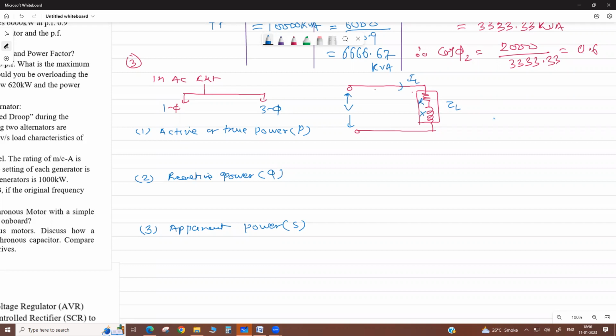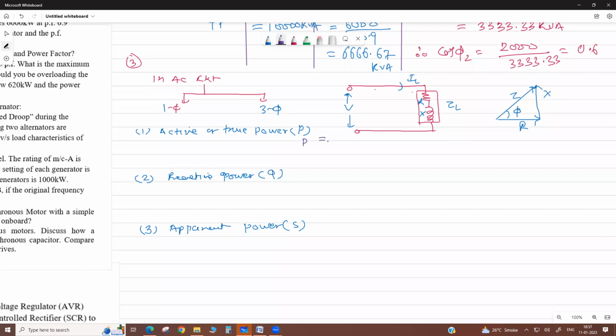Now you know the load impedance triangle: resistance, reactance, and this is Z. This is the phi. So true power means it is the power dissipated in the circuit resistance.